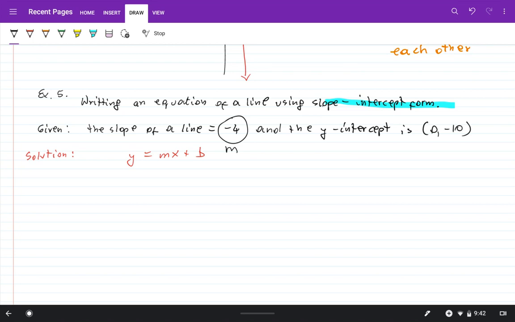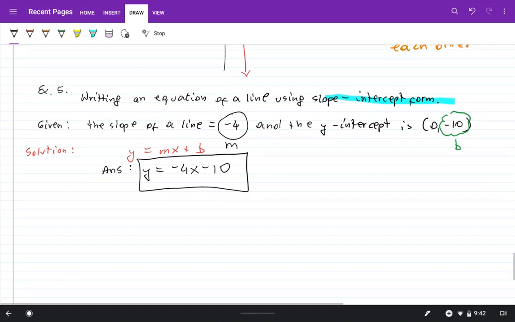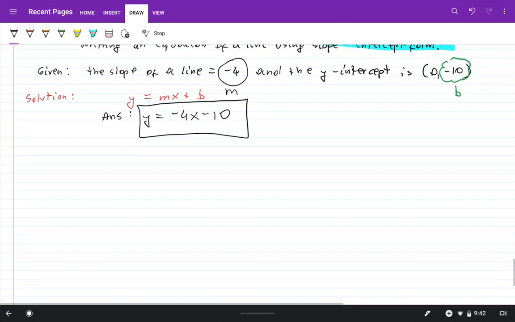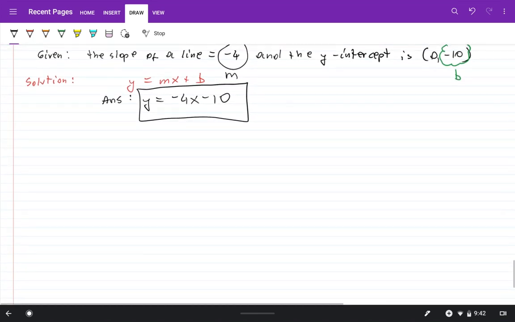And we know the y-intercept is the point (0, -10), so -10 is our b, the y-intercept. So we'll just create the equation. The answer will be y equals -4x minus 10. So this is the answer. Here we didn't do anything, we just used the information, plugging it into the equation of the line in slope-intercept form.